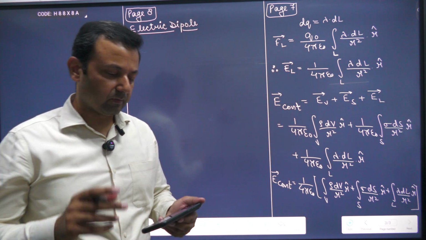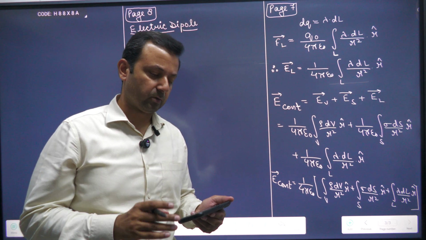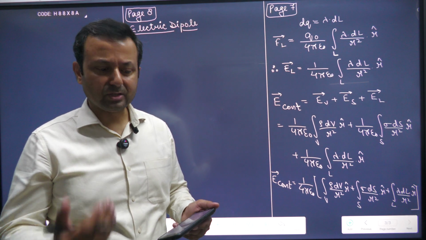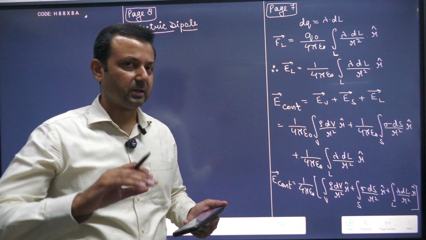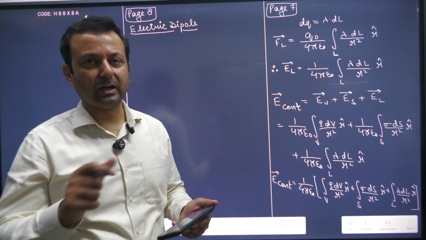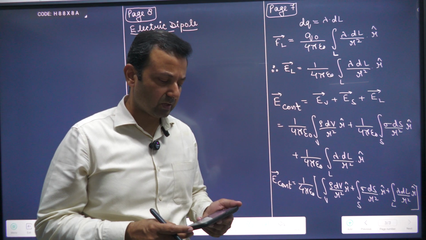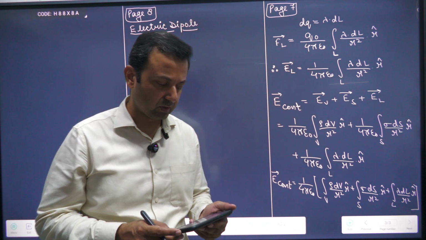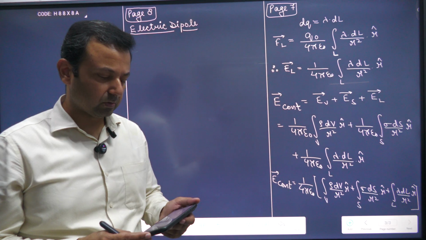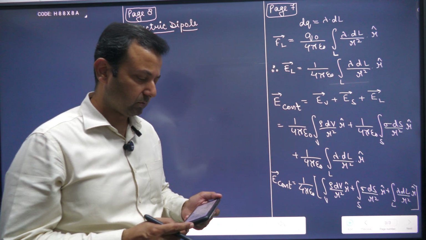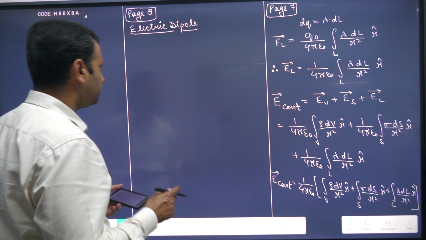The dipole moment of an electric dipole is a vector whose magnitude is charge times the separation. Times means charge is multiplied by the distance between the charges. The direction is along the dipole axis from the negative to the positive charge.